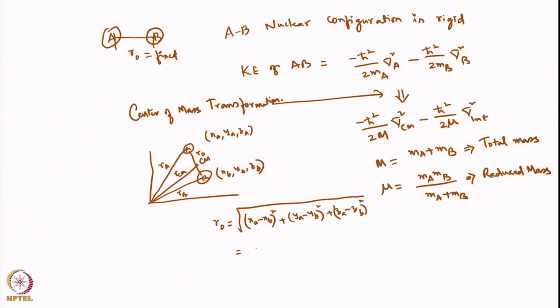This I will also write as square root of x square plus y square plus z square, where x is equal to x A minus x B, y is equal to y A minus y B, z is equal to z A minus z B.